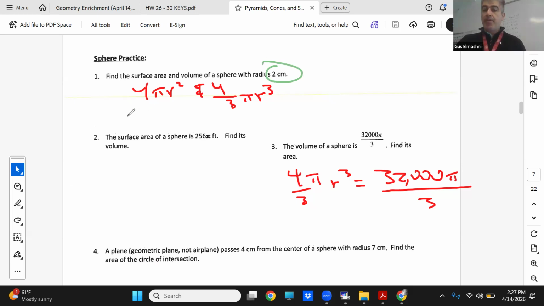What do you get for the surface area for number 1? And the volume. You can leave them in exact form.